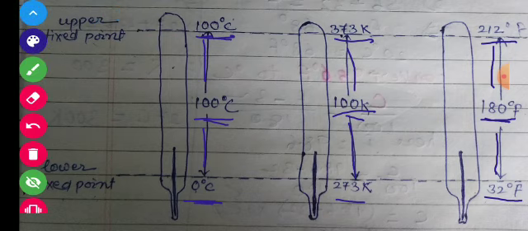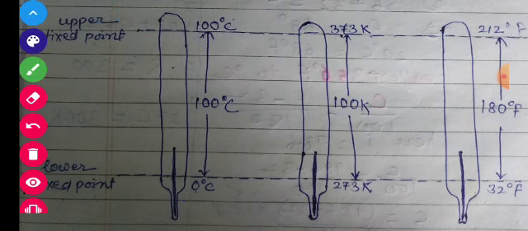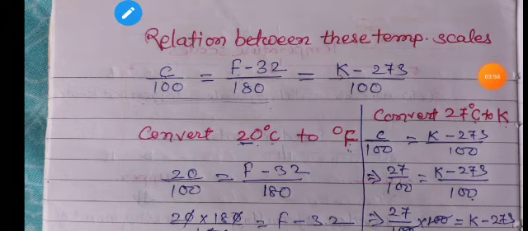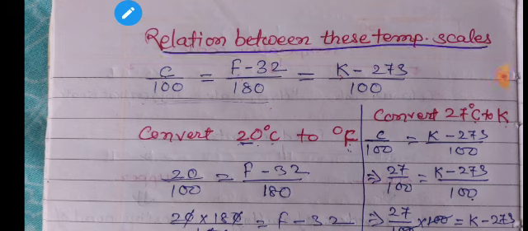After this, students, we will discuss the next thing, that is the relation between these temperature scales. Students, there is a relation between these temperature scales, and one can convert temperature from one scale to another.